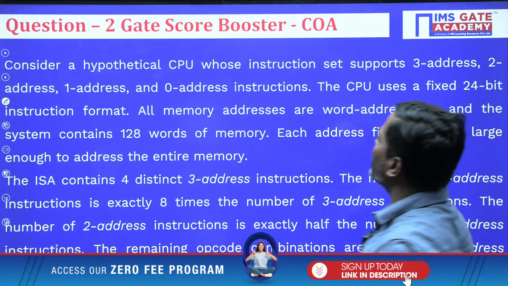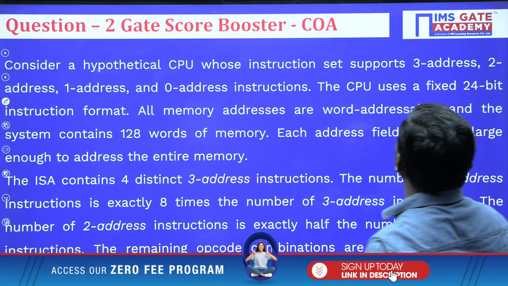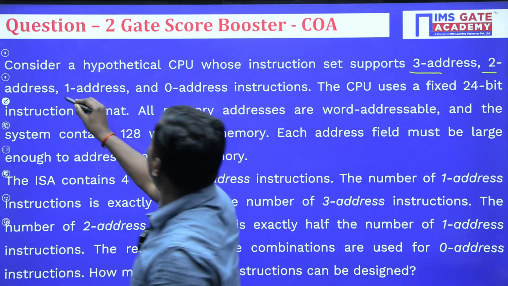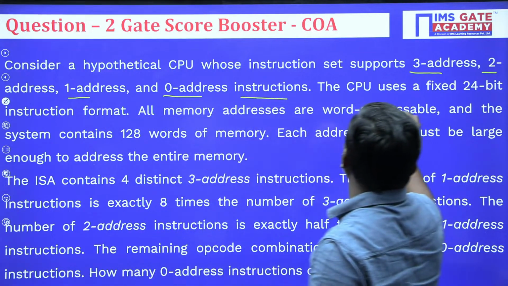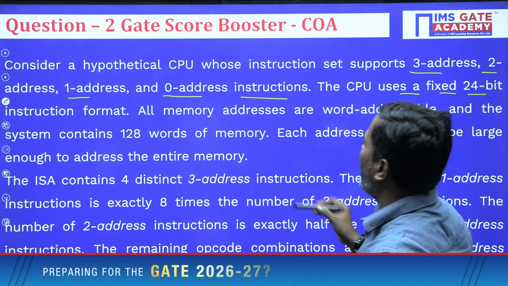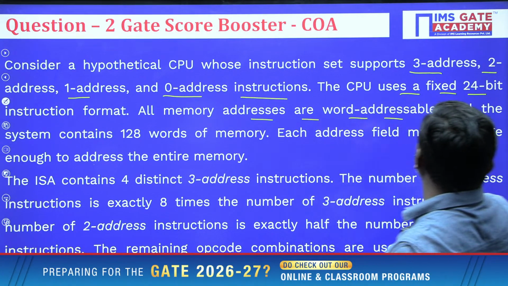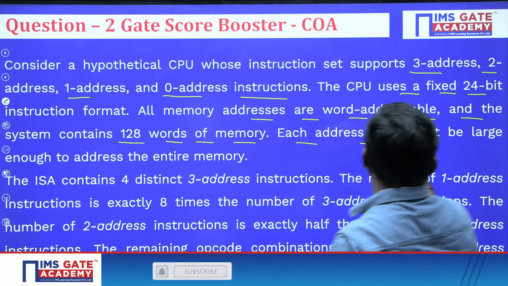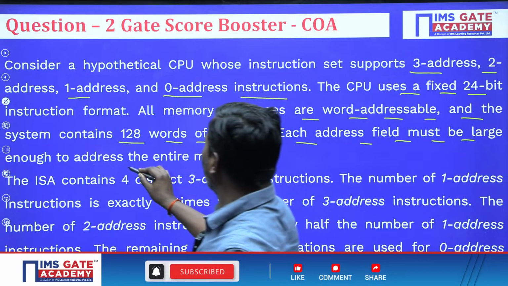Consider a hypothetical CPU whose instruction set supports 3 address, 2 address, 1 address and 0 address instructions. The CPU uses a fixed 24-bit instruction format. All memory addresses are word addressable and the system contains 128 words of memory. Each address field must be large enough to address the entire memory.